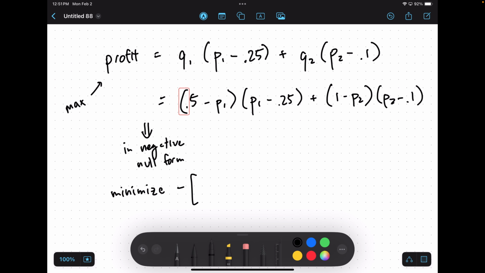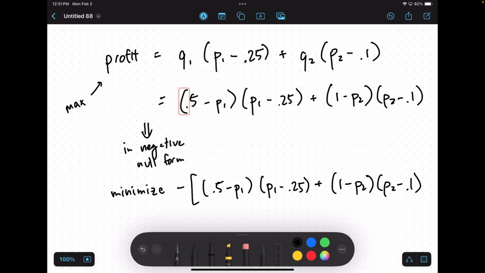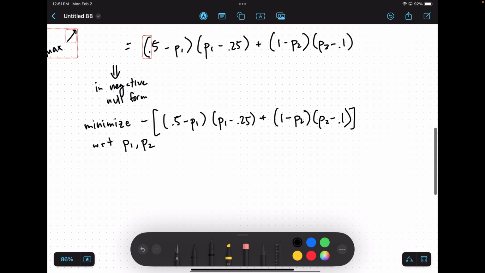So the negative of (0.5 minus P1) times (P1 minus 0.25) plus (1 minus P2) times (P2 minus 0.1). And this is with respect to P1 and P2. Great.